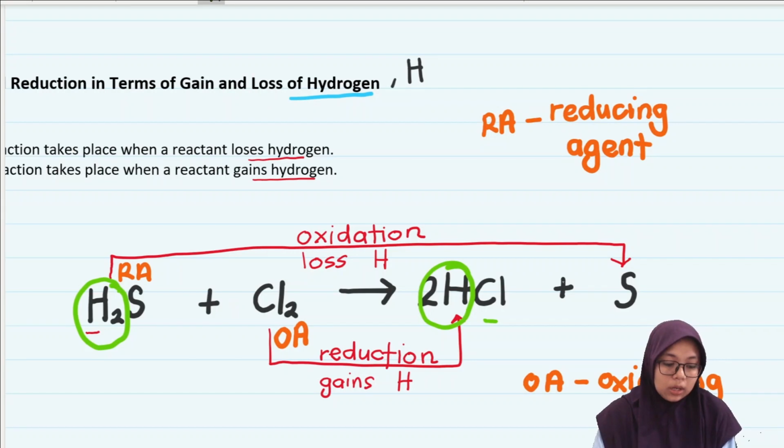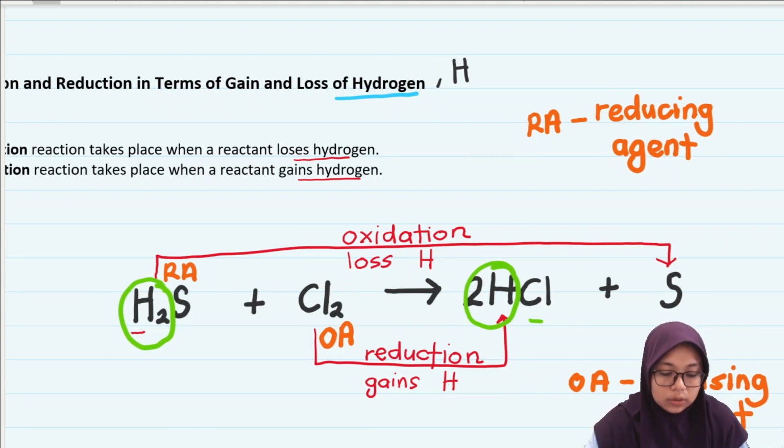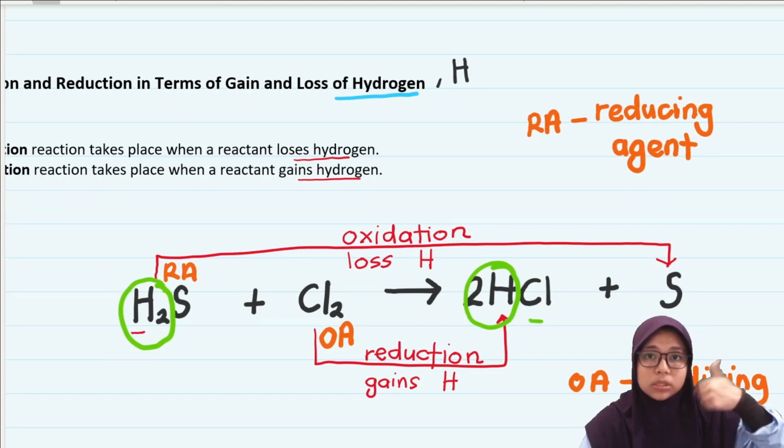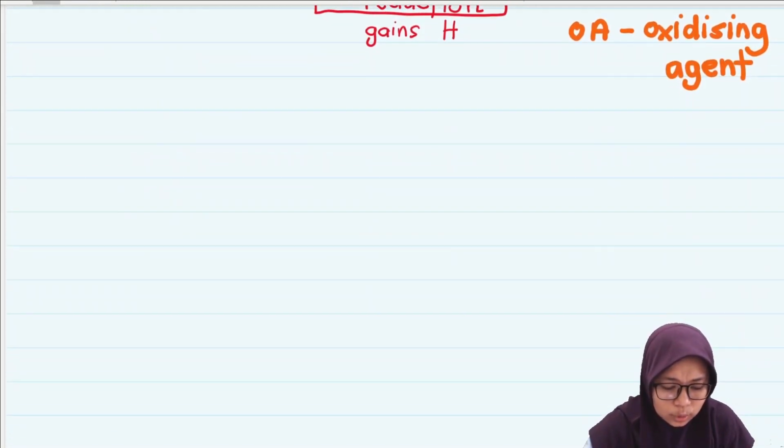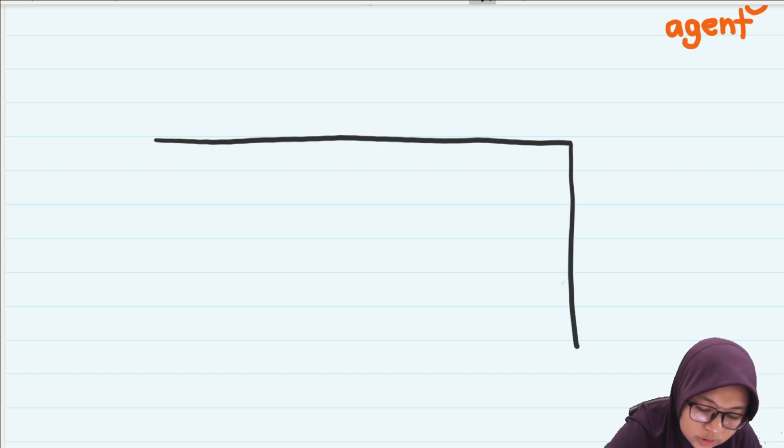This is reaction in terms of loss and gain of hydrogen. Kalau kita tengok dia reverse compared to oxygen tadi. Jadi untuk elakkan kita confuse, you can draw a simple table for these first two definitions.